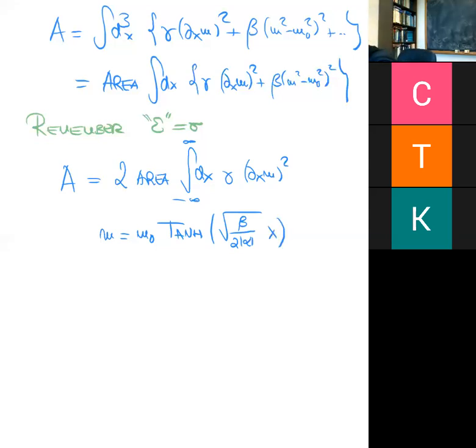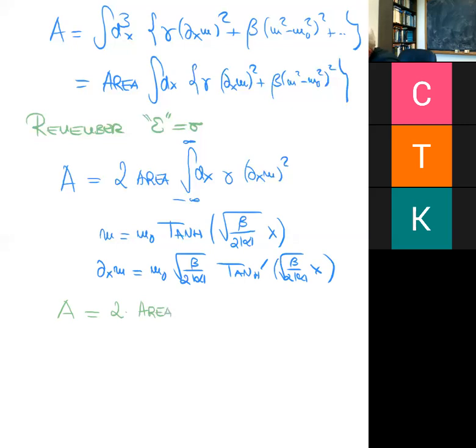So if you differentiate, the derivative of m with respect to x will go as m naught times beta over 2 alpha times whatever the derivative of tangent actually is. Okay. So this means the total free energy goes as twice the area.